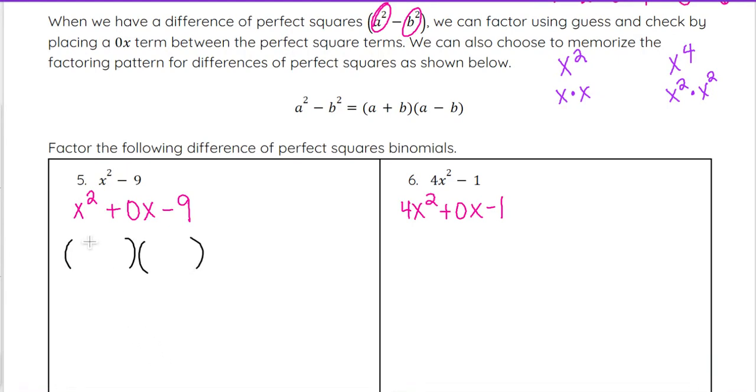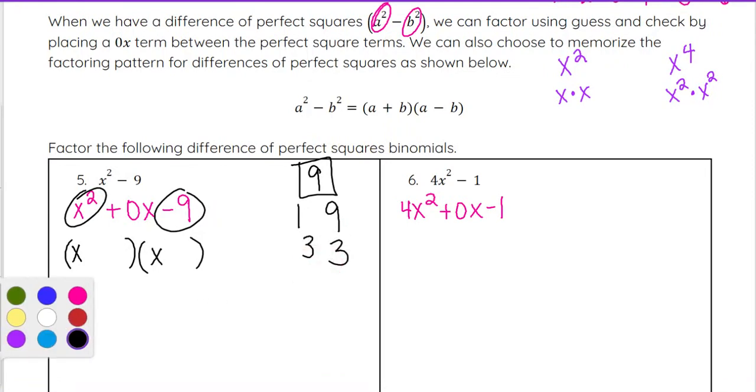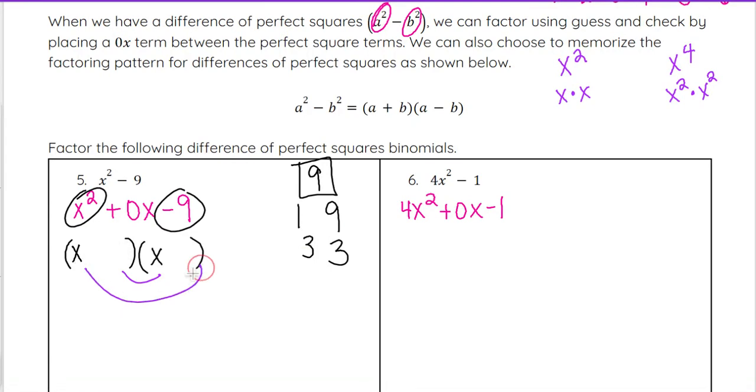You could go through the process of figuring out, okay, x times x gets us back to x squared. Look at the last number, the constant 9. Factors are 1 and 9, 3 and 3. And if I need to pick 2 numbers so that the inner product and the outer product combine to that 0x in the middle, just like we did on those previous ones, if I try 1 and 9, those will be the inner and outer products, 1x and 9x, and that won't give you 0.